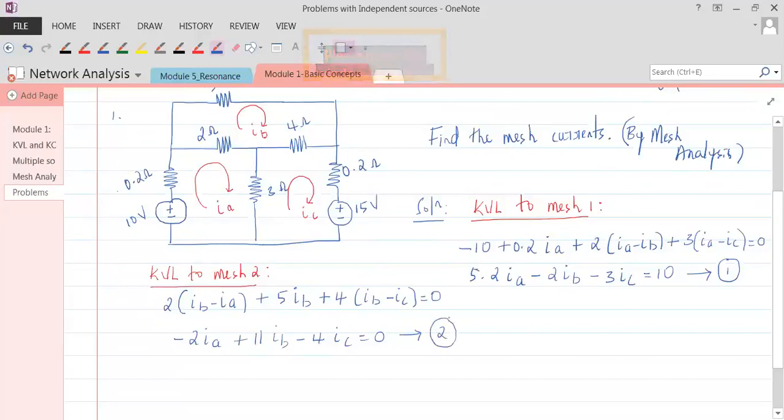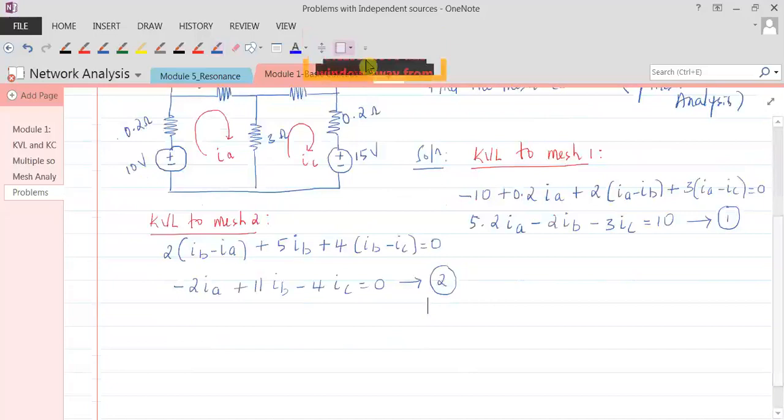Everybody go with mesh 3. Go with mesh 3, everybody. Fast. KVL to mesh 3. Okay, let's write that as KVL to mesh 3.